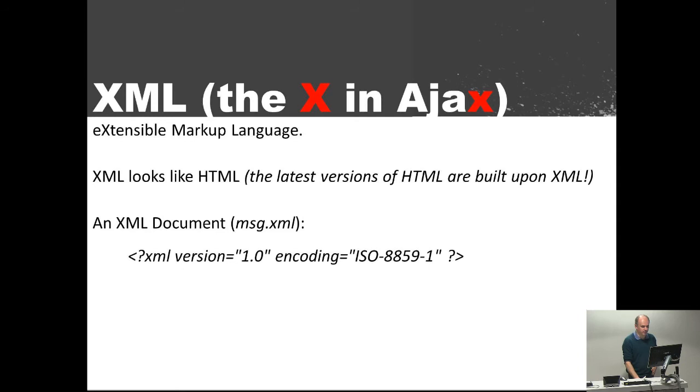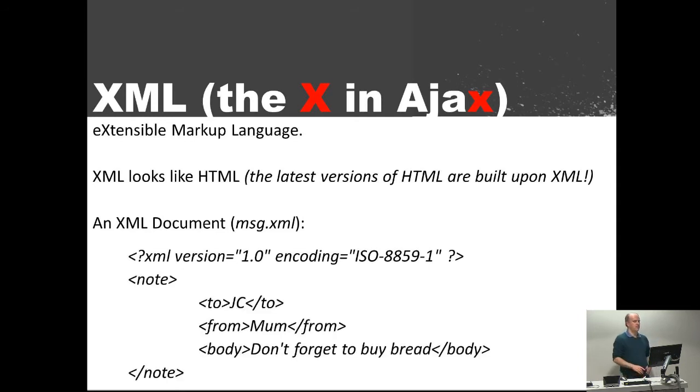So for example, here it's an XML file. First you're saying that it's an XML file, and then I'm creating 4 types of tags which are specific to my application. My application is about sending messages. I have the sender, the recipient, and the body of the message.